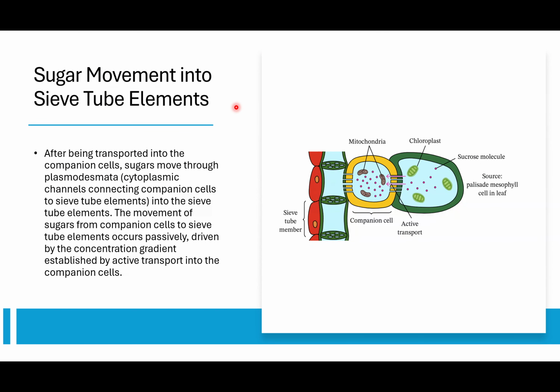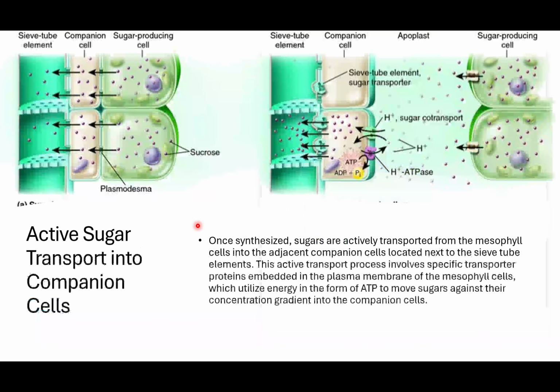So the sugar movement into the sieve tube elements now, right? We're just looking at it a little bit better now. We're going to have the movement of the sugars through the plasmodesmata via connecting channels, right? So the plasmodesmata are the connecting channels, and the movement from the companion cells to the sieve tube elements occurs passively, driven by the concentration gradient, right?